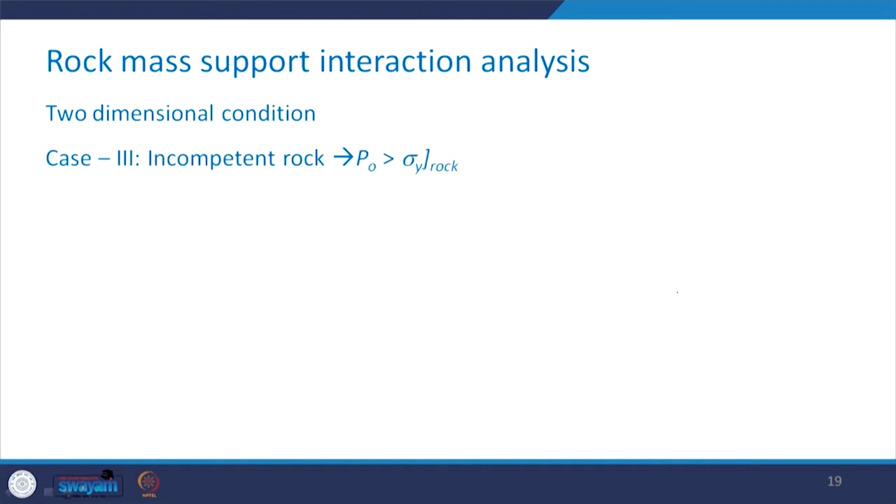Let us go to the next case, in which you have the incompetent rock with P naught more than the yield stress for the rock. Let us try to draw in this case how the ground is going to behave without the support system, that is, on immediate excavation, and if we leave it like that, how it is going to behave.